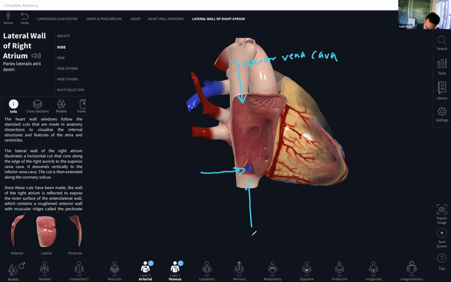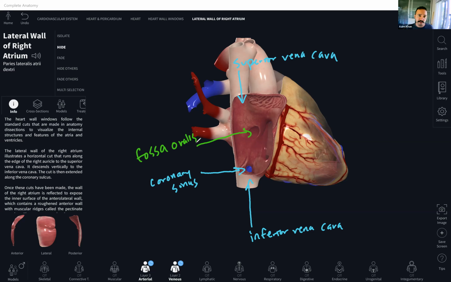Draining this way is the inferior vena cava, and then the coronary sinus. Don't confuse the coronary sinus with the fossa ovalis. The fossa ovalis is just a depression, it's not a hole. Also, don't confuse it with the sinoatrial node or the atrioventricular node, which aren't visible just like this.